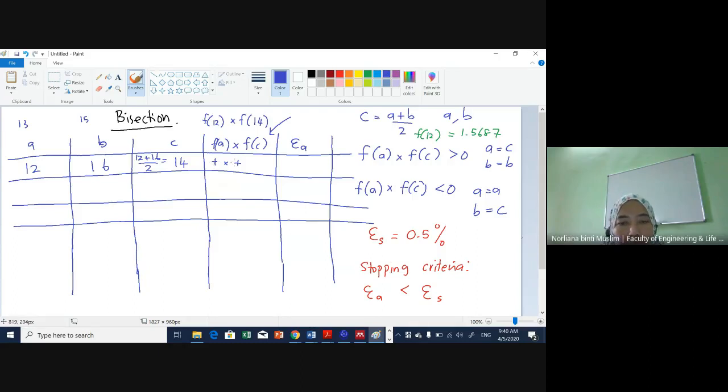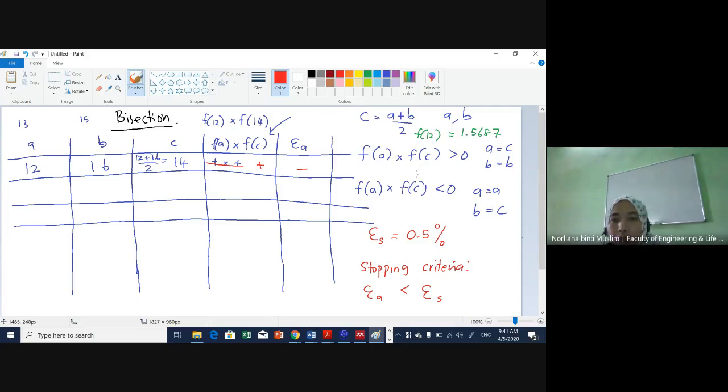Positive number times positive number is positive, correct? So I will just conclude like this, it's positive. The first part here, there is no absolute error, so we label it as a dash.